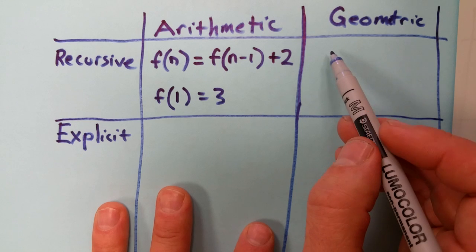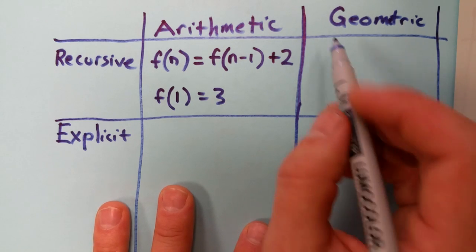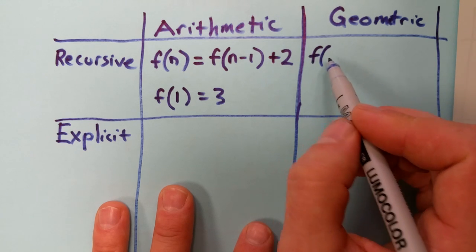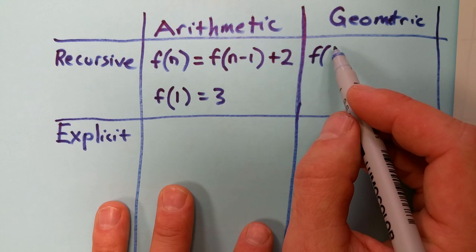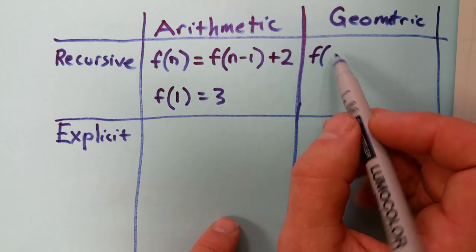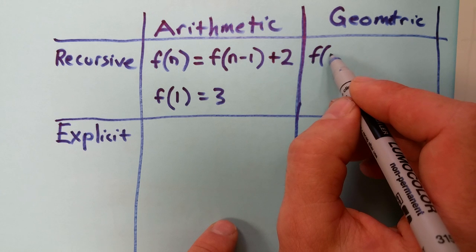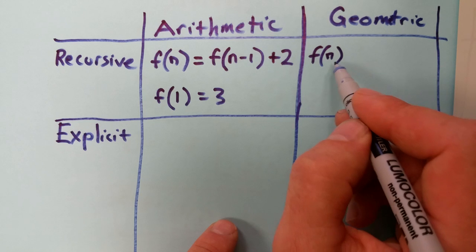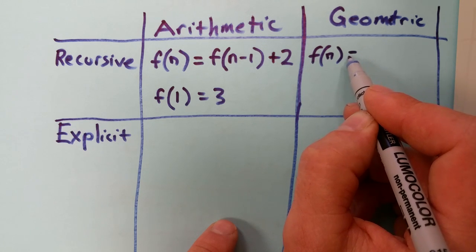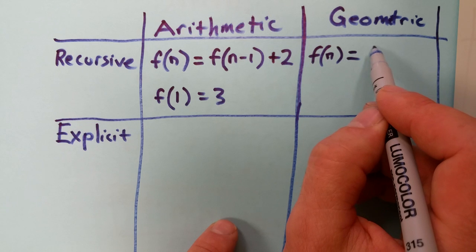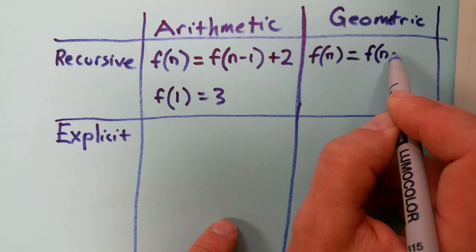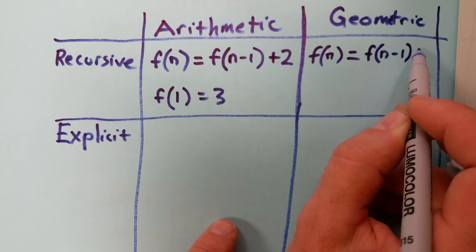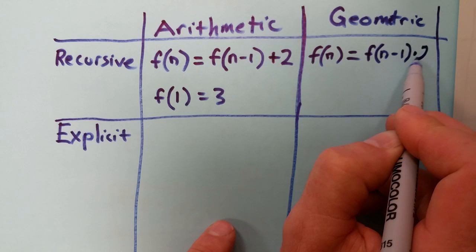Let's look at a geometric thing. We'll do the growing dots. The number of dots, the one that really was growing a lot, where there's a lot of dots, started off as 3 and then grew from there by doubling. So this will look like f of n. Any number of dots with an input n is equal to f of n minus 1, the number of dots that were there right before, times 2.